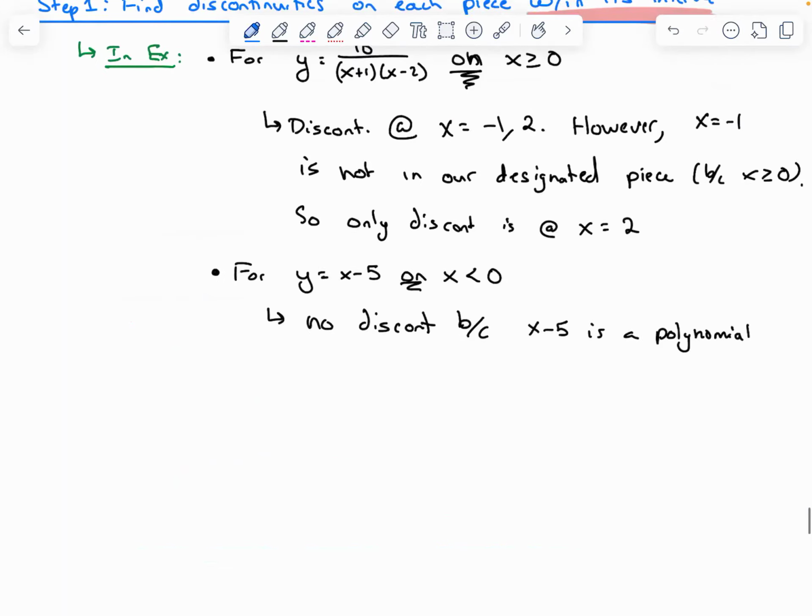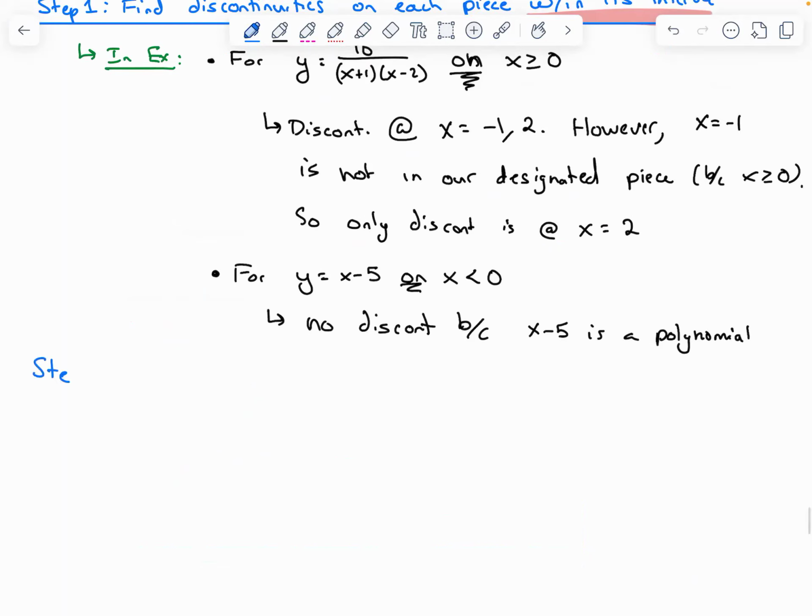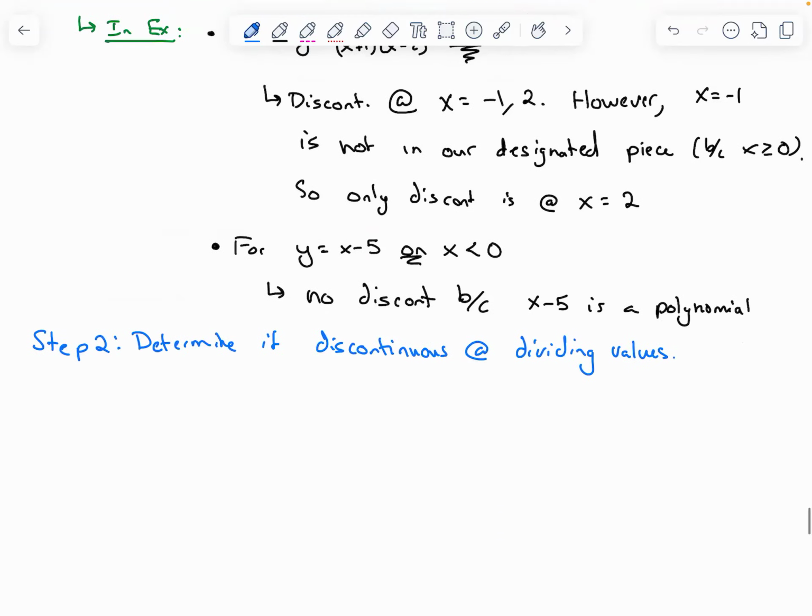Step 2, which honestly could be done first. It's not a requirement to do it in this order, but this is the way I like to work through it: determine if you're discontinuous at the dividing values.